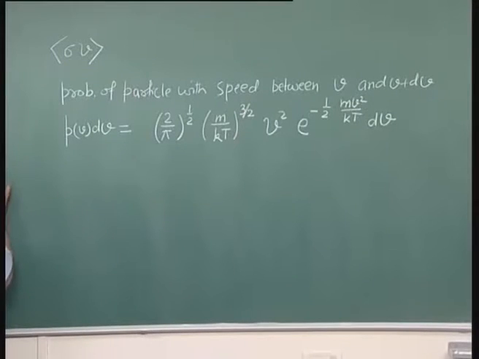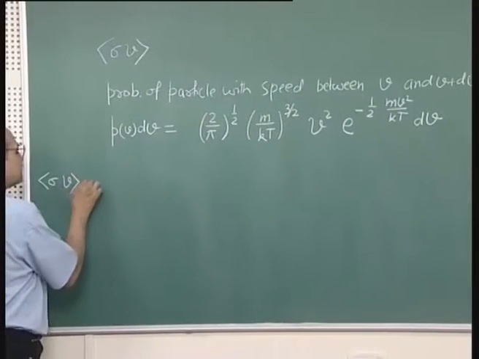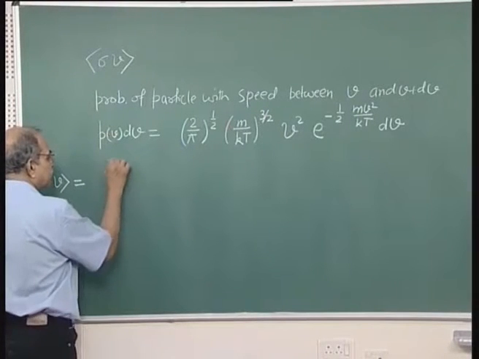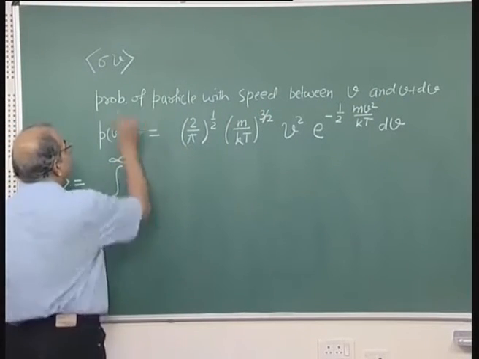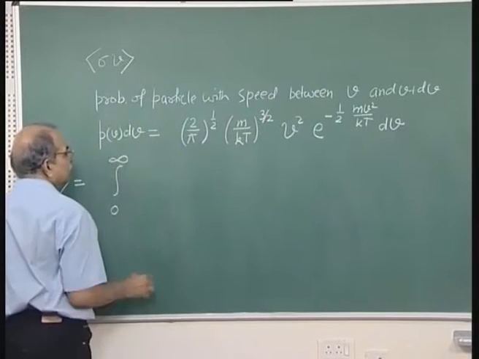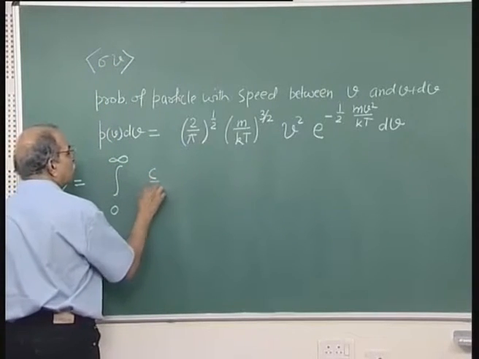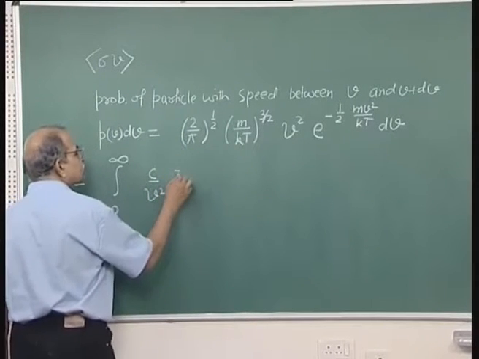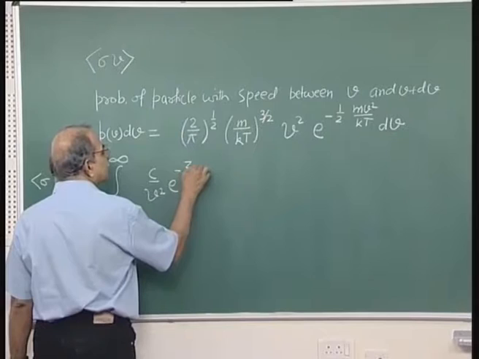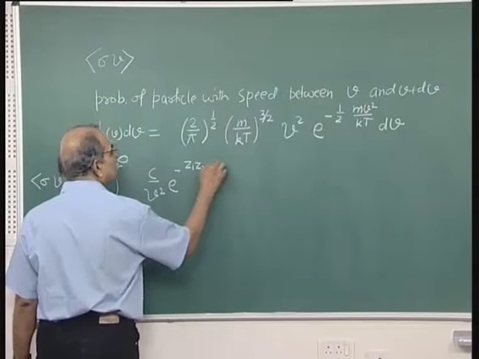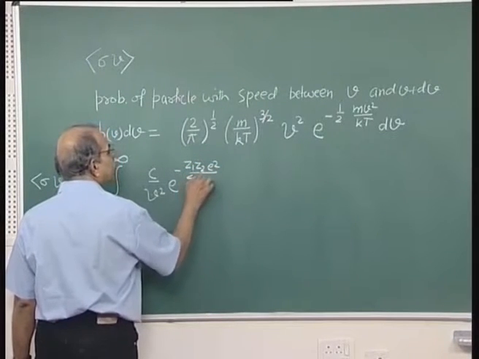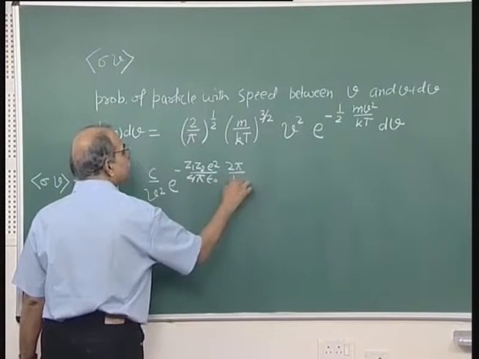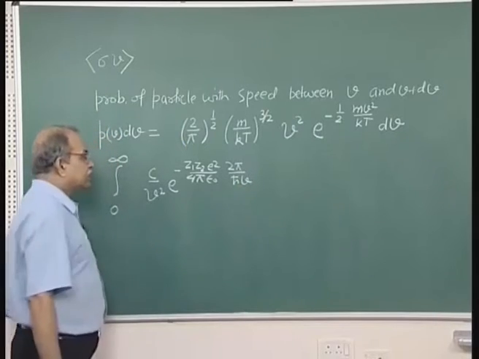So, the average value of sigma v will be the integration, v going from 0 to infinity, of sigma into v, and sigma we have seen is some constant divided by v square, and then e to the power minus z1 z2 e square by 4 pi epsilon naught 2 pi over h cross v, that is sigma.